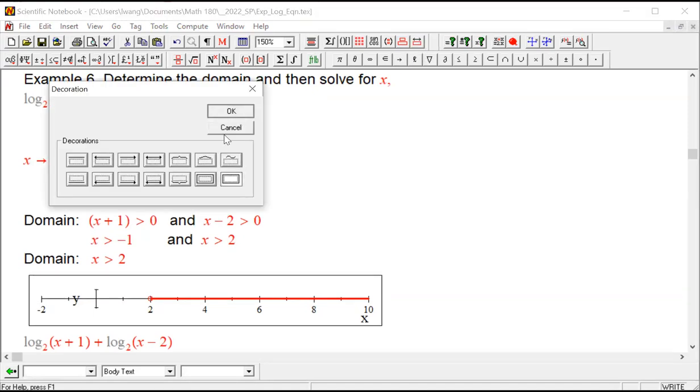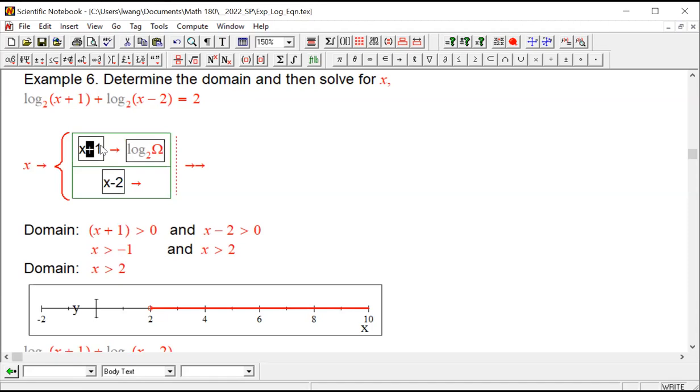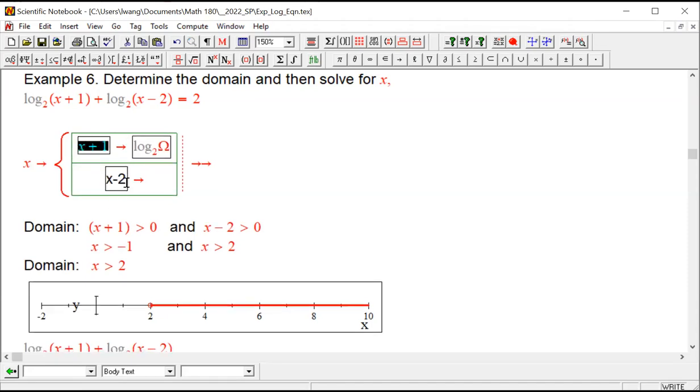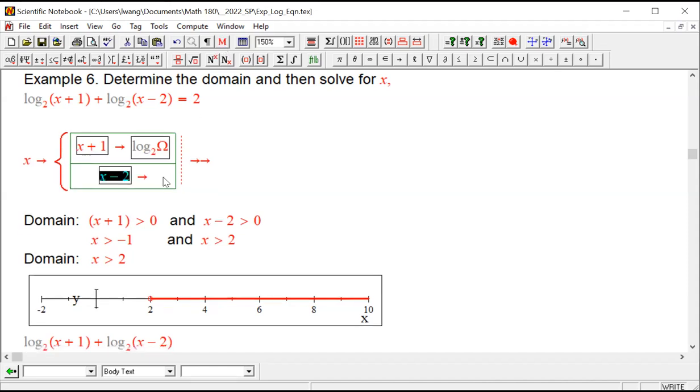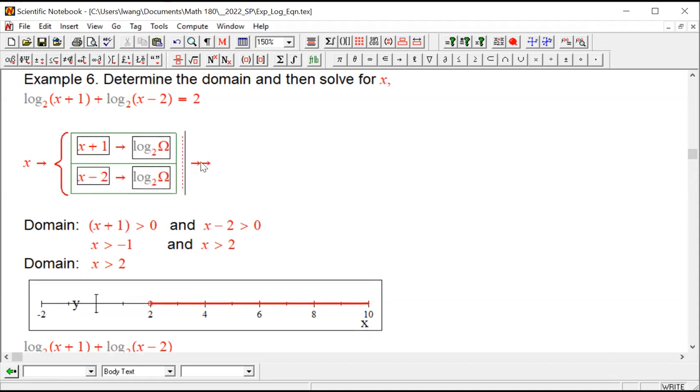It doesn't matter what the order is, but they both must be positive. So then we do the logarithm for both, and then we're going to add the two. They both have output: this is output 1, and this is output 2.